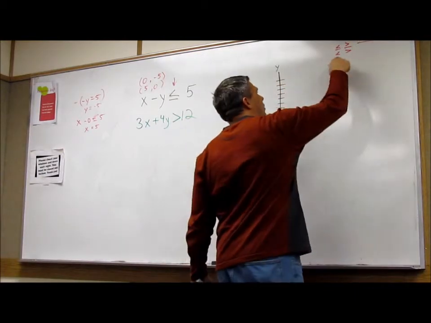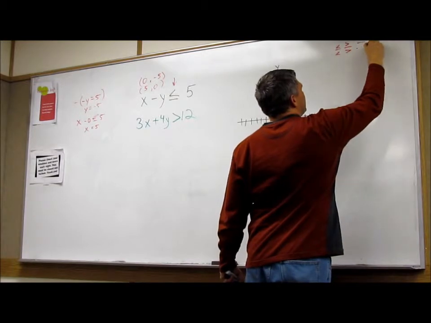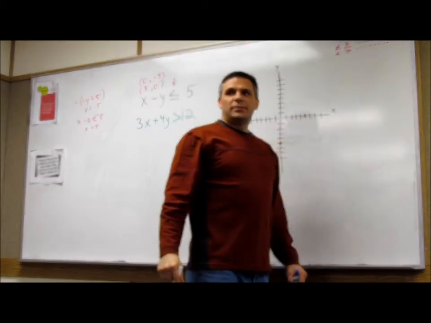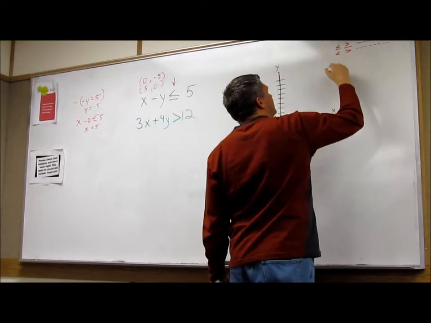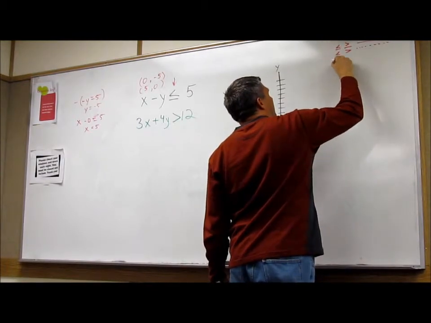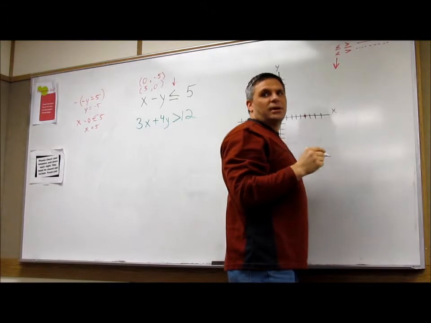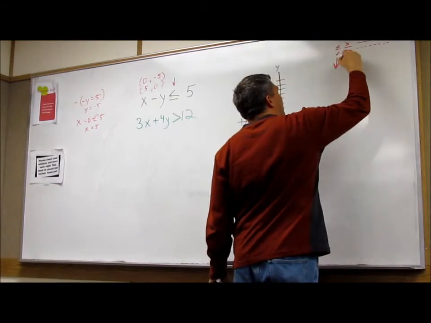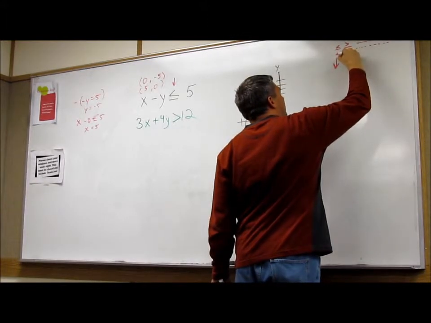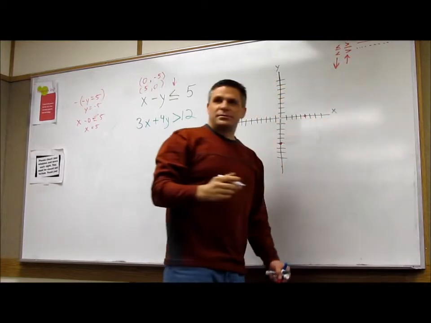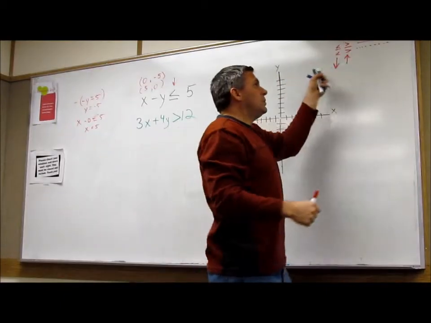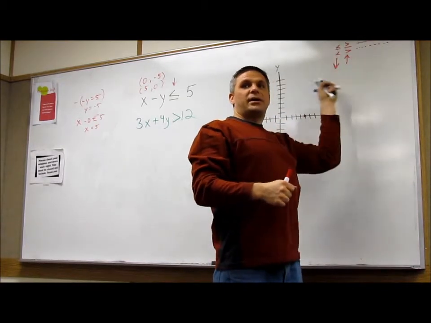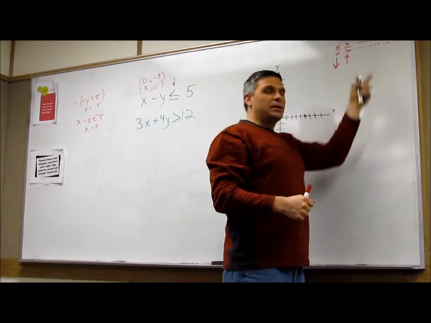But less than or greater than tell me a dotted line. When something is less than, I'm going to shade down. And when something is greater than, I'm going to shade up from the line. So that's a really cool diagram to use on your cheat sheet, right?